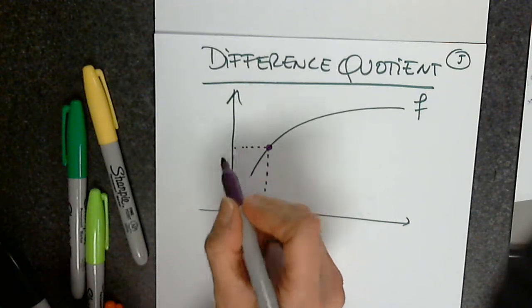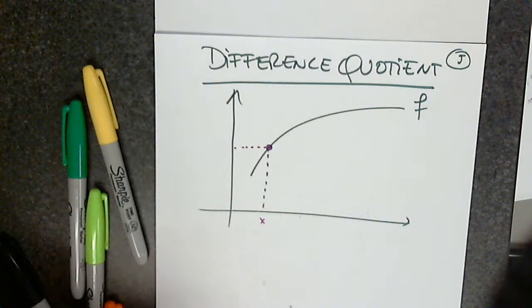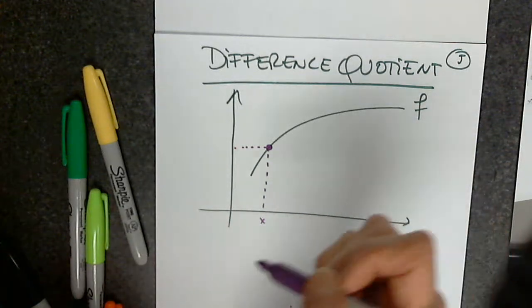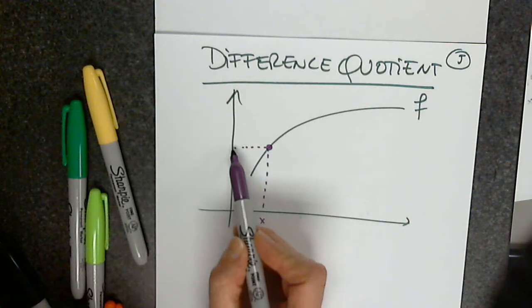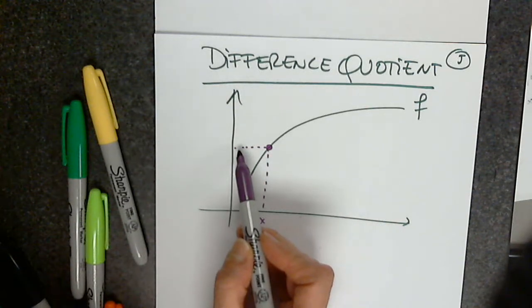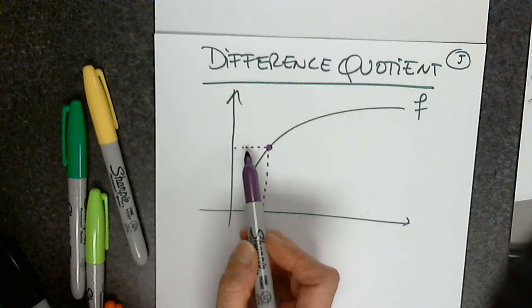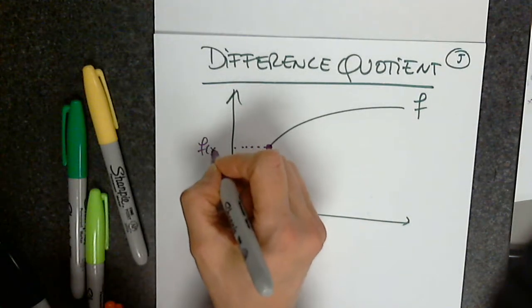And what is the y coordinate of x? If this is x, this is a point on the graph. So if this is x, this must be f of x, or there is another way of saying y. Perfect. That's all I wanted.